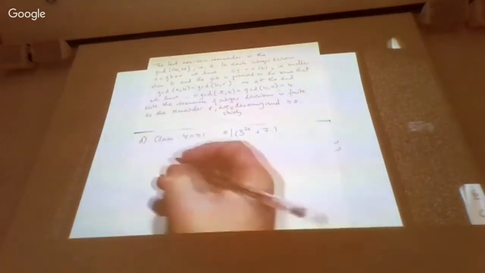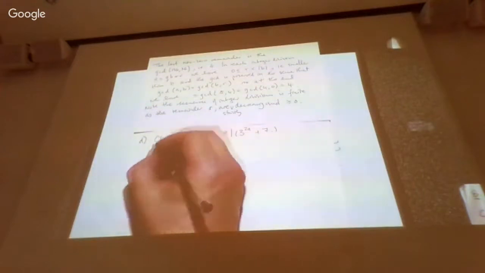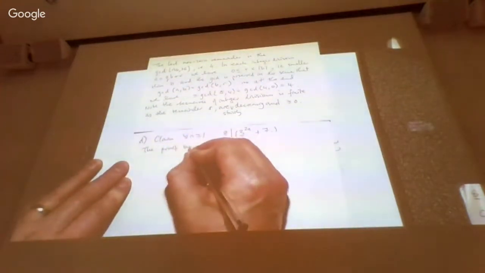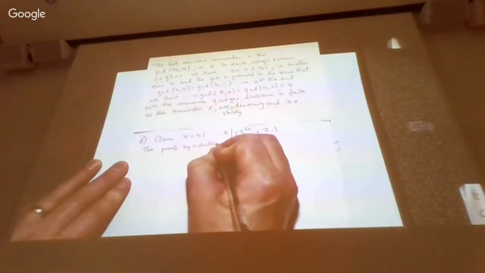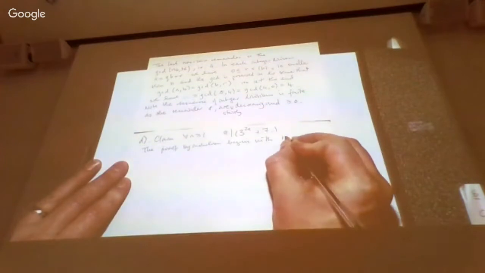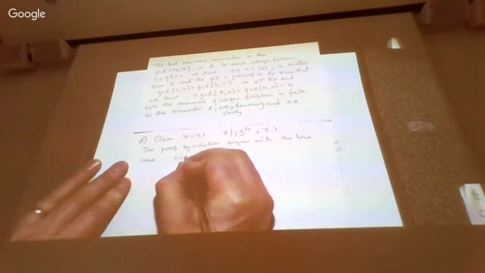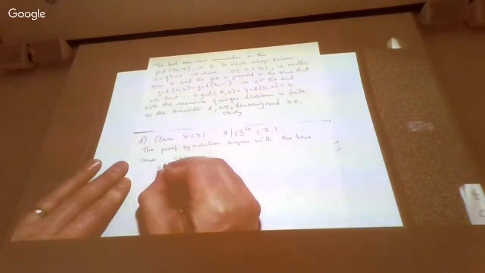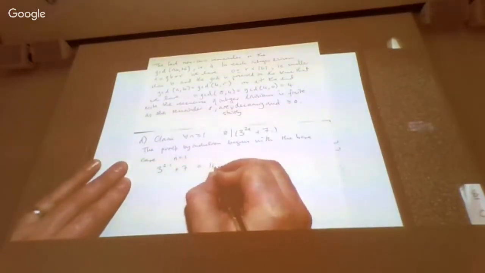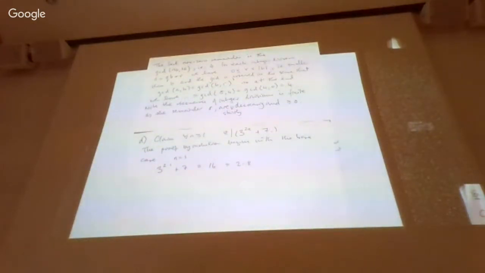So we could say the proof by induction begins with the base case, n equals 1. So examine this for n equals 1. It's 9 plus 7, so it's 16, which is clearly divisible by 8.